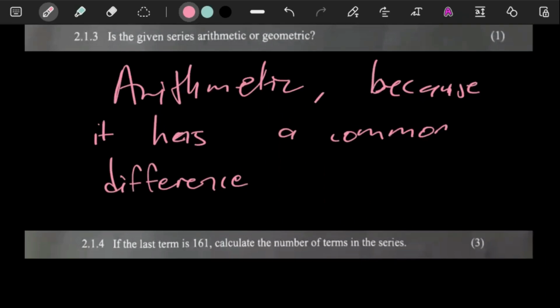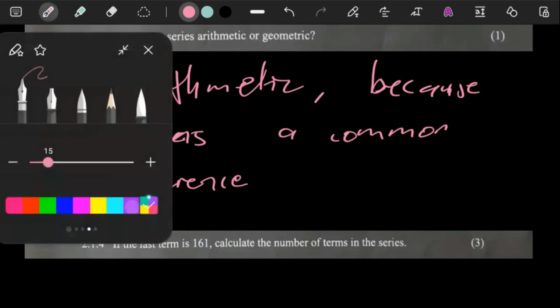So what does the next one say though? The next one says the following: if the last term is 161, calculate the number of terms in the series. So we need to calculate the number of terms in the series.